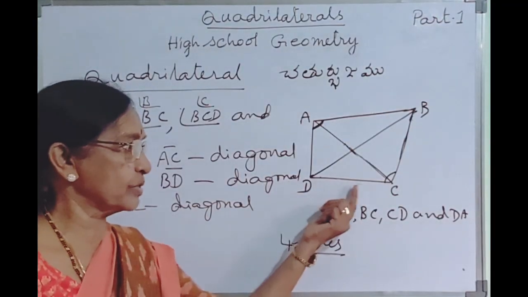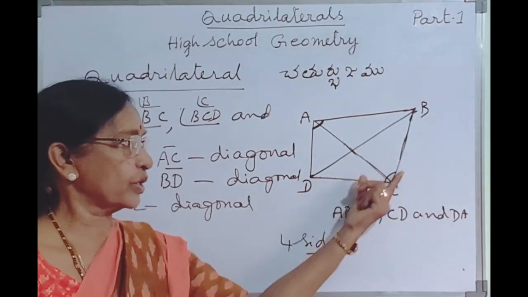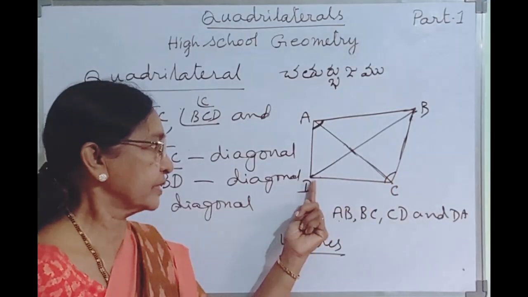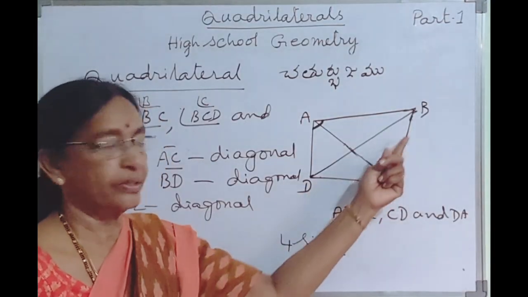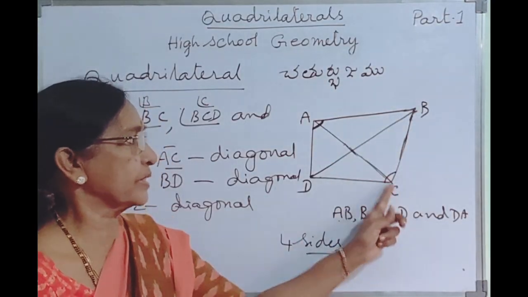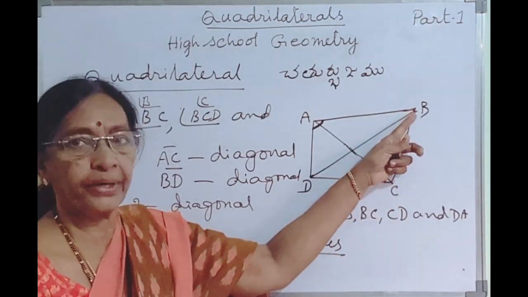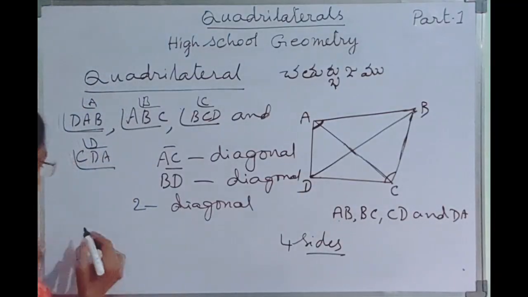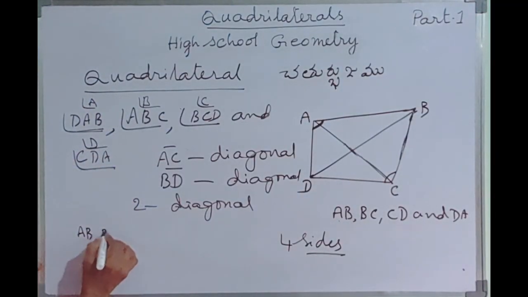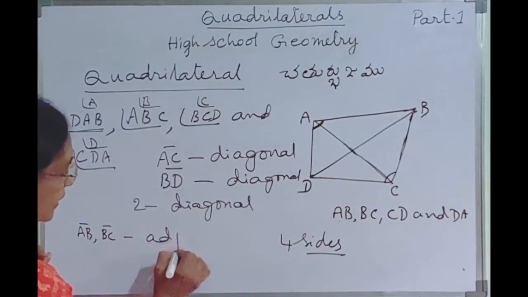And the sides which have a common point are called adjacent sides, that is DC and CB, or AB and BC are adjacent sides. They have the common point B. Therefore AB, BC are a set of adjacent sides.